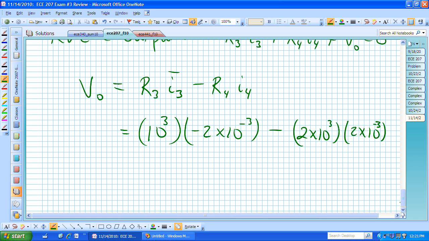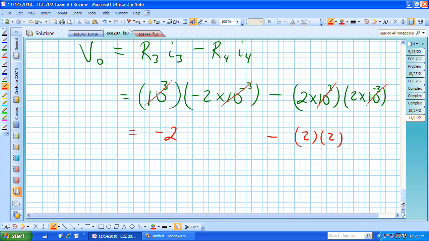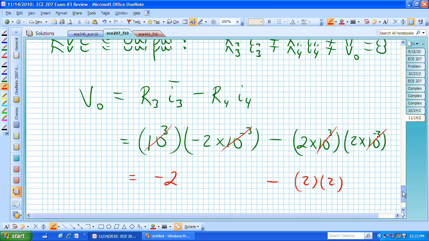These powers of 10 basically cancel each other out, and I now have minus 2 minus 2 times 2,000, or, wait a minute, I sub 3 bar was not 2 milliamp, it was actually 1, so I've made a mistake. Let me correct that. This was actually just minus 1.